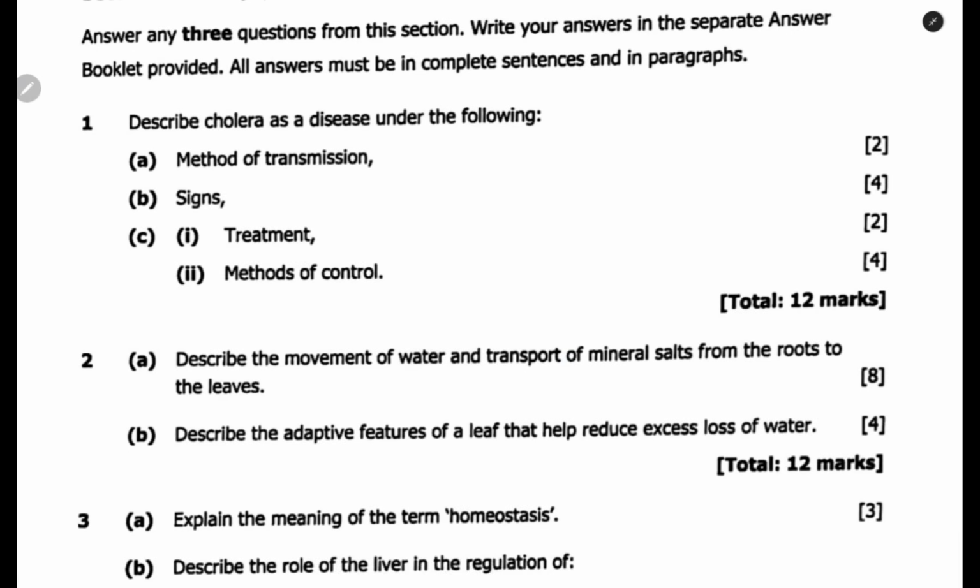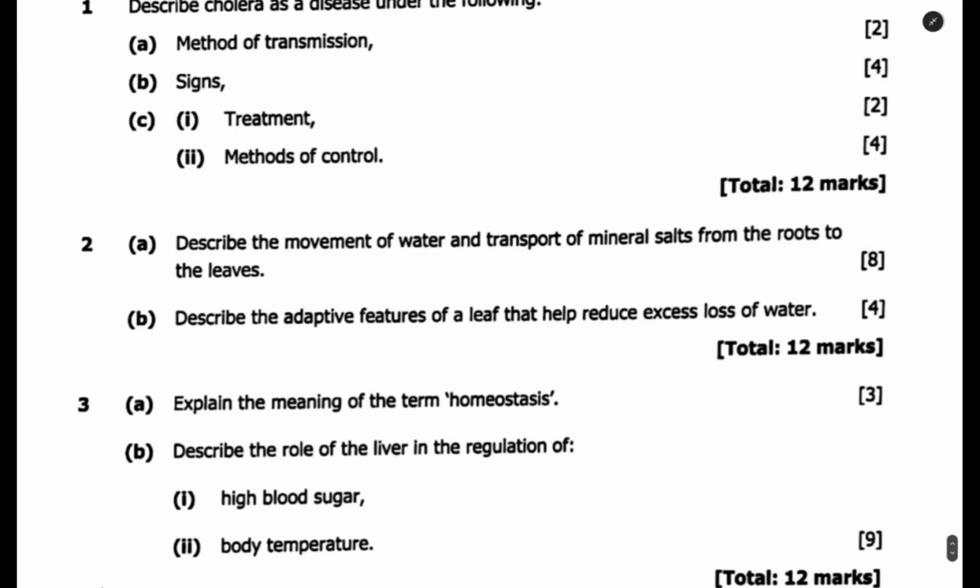Someone would say no, disease was there, but this time around it would not be there. That's the reason why I want you to go through all the questions. Describe the movement of water and transport of minerals from the roots to the leaves. I think you found the question at some point which was talking of the movement of water and mineral salts from the roots to the leaves.